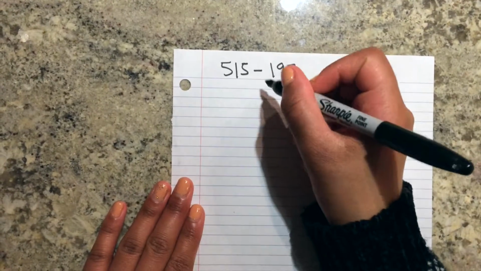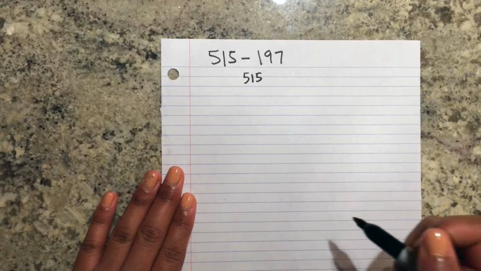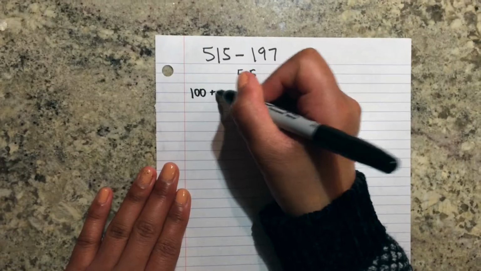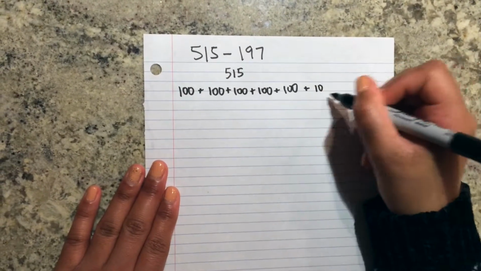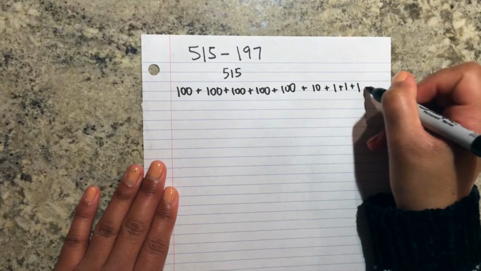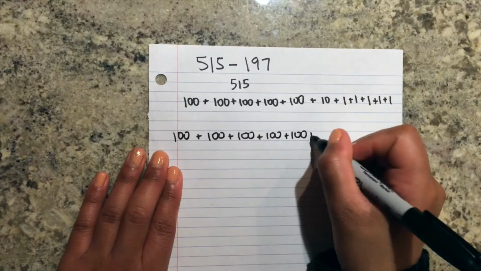So we began with a value of 515. We had 5 100 squares, 1 tens, and we had 5 ones. Then we switched out our tens for 10 ones.